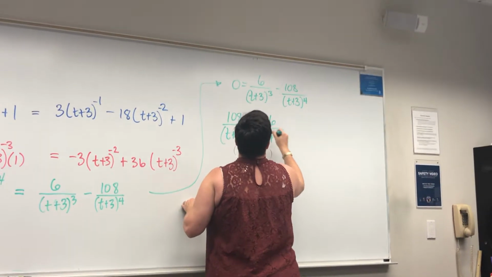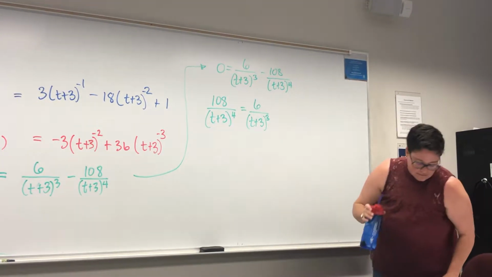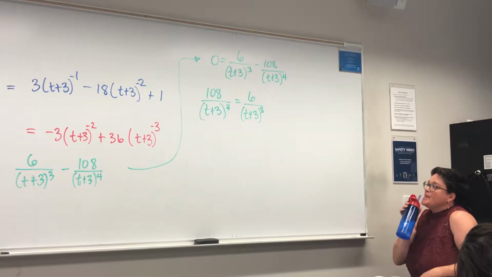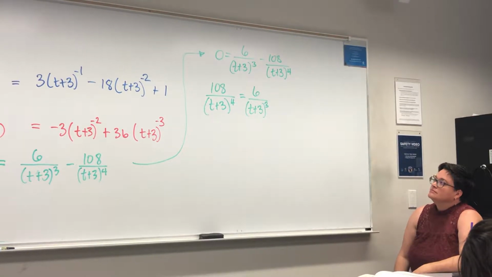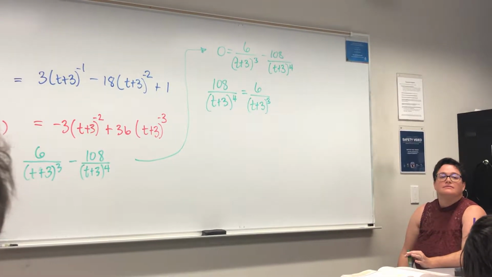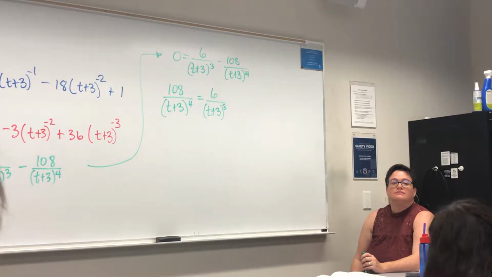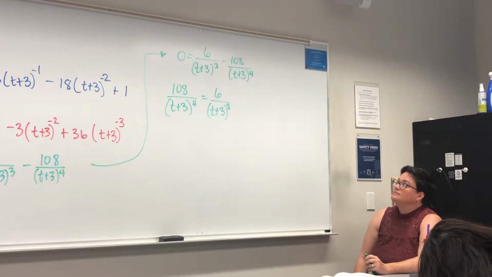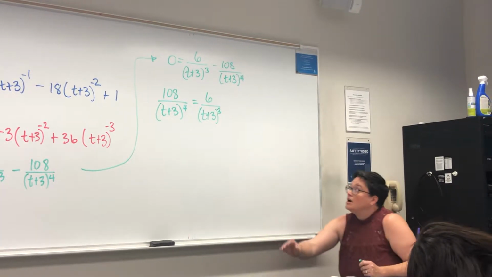I'll give you guys a sec. The 108 over t plus 3 to the 4th, is it just the 108 that's negative, or is the whole thing negative?